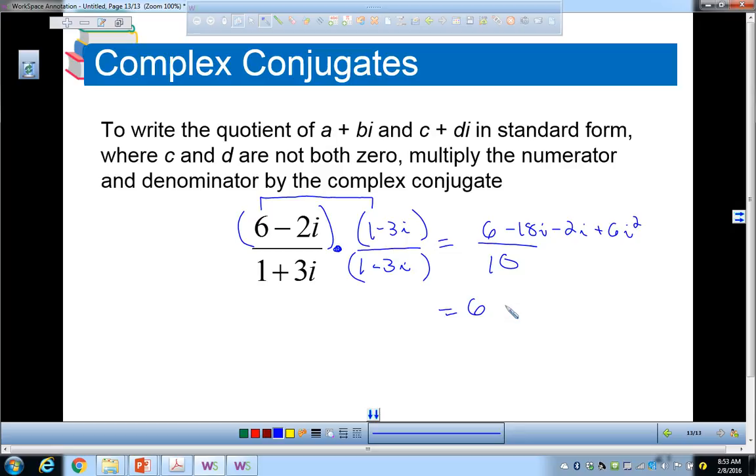So I get 6 minus 6 minus 20i, that whole thing over 10. These go away. And I get negative 20i over 10, which could be rewritten as negative 2i. That's kind of cool, huh? Okay, so that big mess turns into this little simple expression.